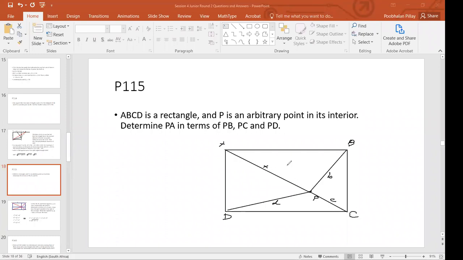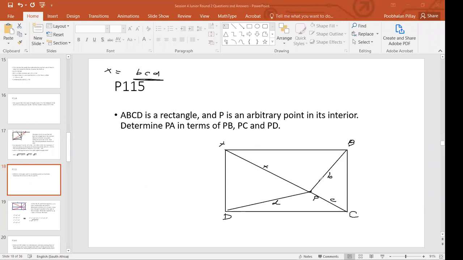Determine X in terms of B, C, and D. What does it mean? It means that you want X to be equal to something with only B's and C's and D's on the other side. That means X is in terms of B, C, and D. Now that's very important in mathematics, because then if you know B, C, and D, then you can calculate X.